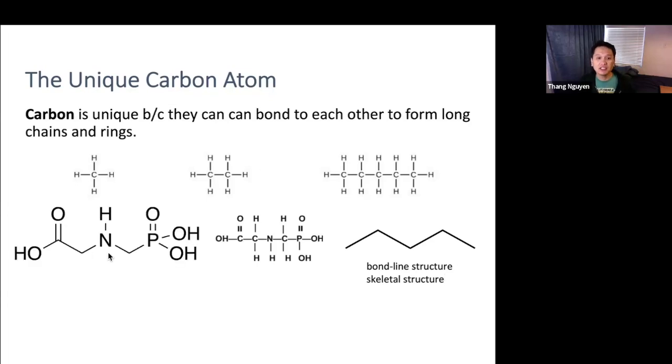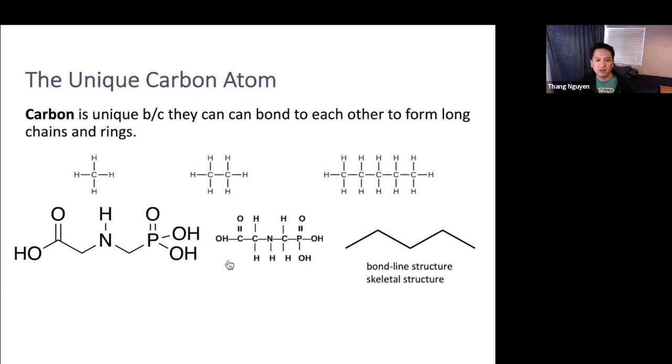So in the bond line structure of this molecule, we keep everything the same, except we have to draw out all of the non-carbon atoms and draw out all the hydrogens that are connected to the non-carbon atoms. So for example, this hydrogen here is connected to this oxygen, right? So we have to draw it all out. Whereas these 2 hydrogens are connected to a carbon, which is right here, so we don't draw it out.